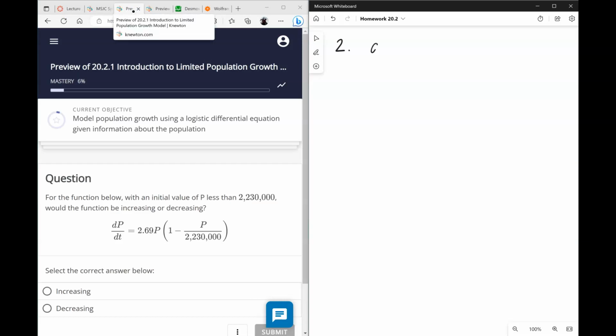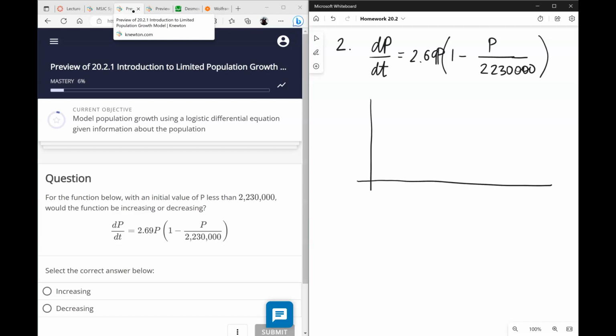So in this case, we are given the equation, and it says for the function below with an initial value less than the capacity, would the function be increasing or decreasing? The idea is simple. If you are not at the carrying capacity, you will be approaching that carrying capacity, but it depends on your initial value.